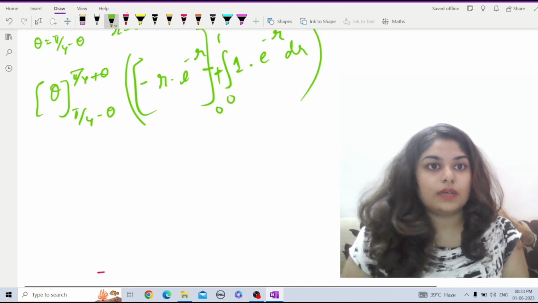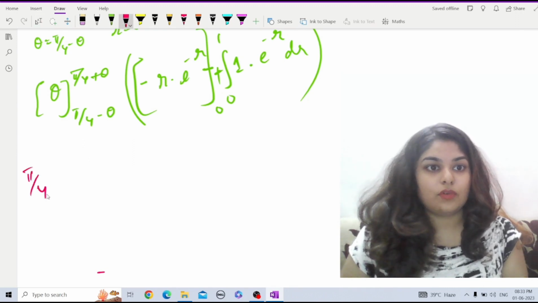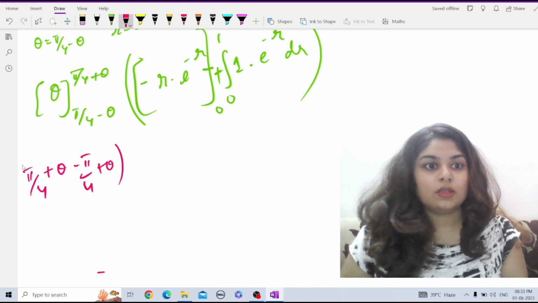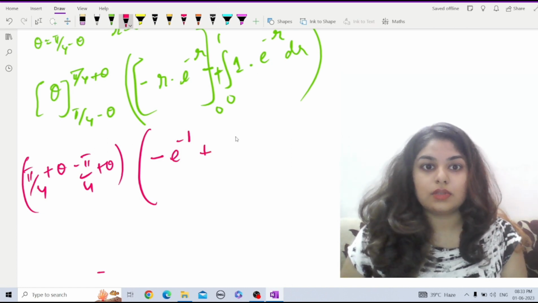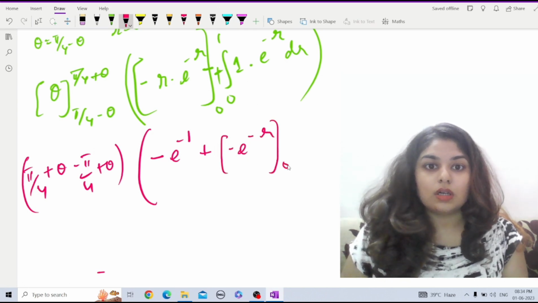So here we can write down the values: pi by 4 plus theta minus pi by 4 plus theta times, here we will have 1 minus 1 into e to the power minus 1, and the other is 0 times this, so it gets cancelled, plus we have the integral from 0 to 1 of e to the power minus r dr, that is minus e to the power minus r within the interval 0 to 1.